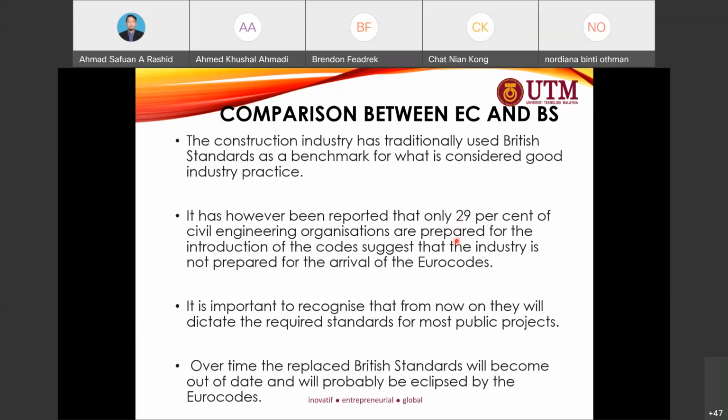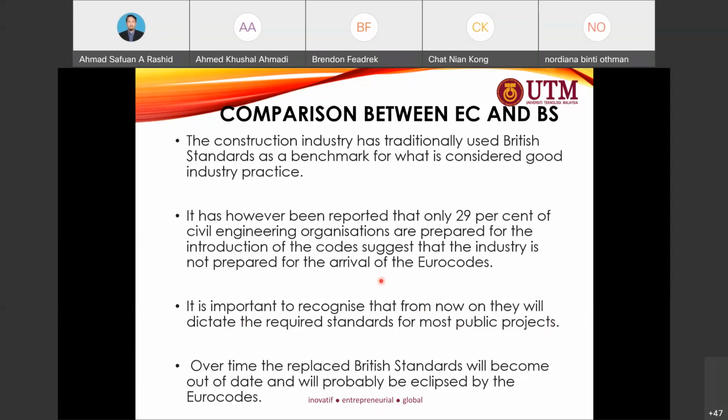So it is important to recognize that from now they will dictate the required standard for most public projects. This is the one that I have stressed: most public projects now ask all designers to submit their design by referring to the Eurocodes.